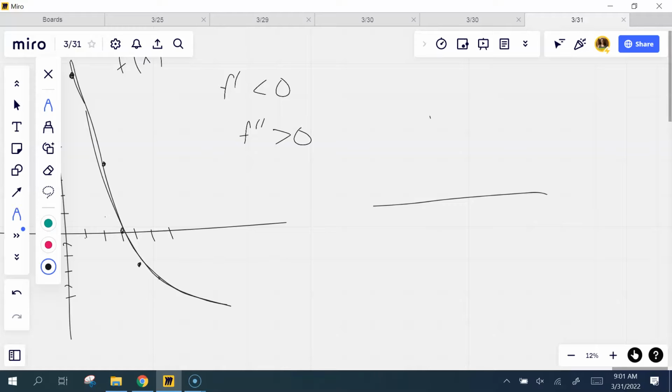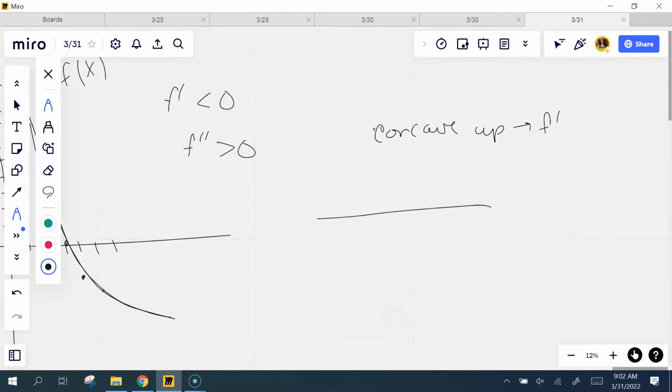Does that make more sense? If you can just remember that if it's concave up, the derivative is increasing. What's tricky is concave down.